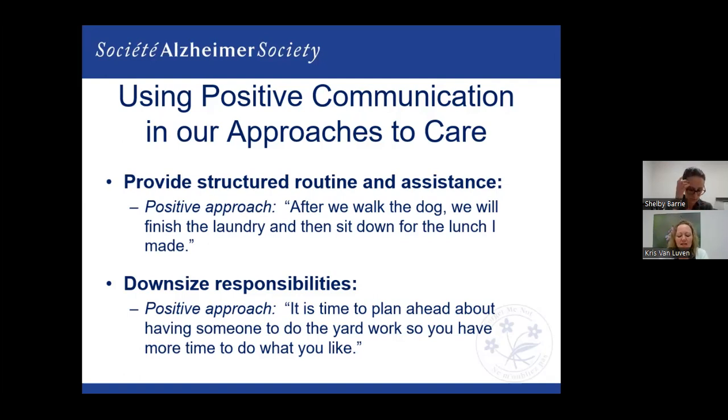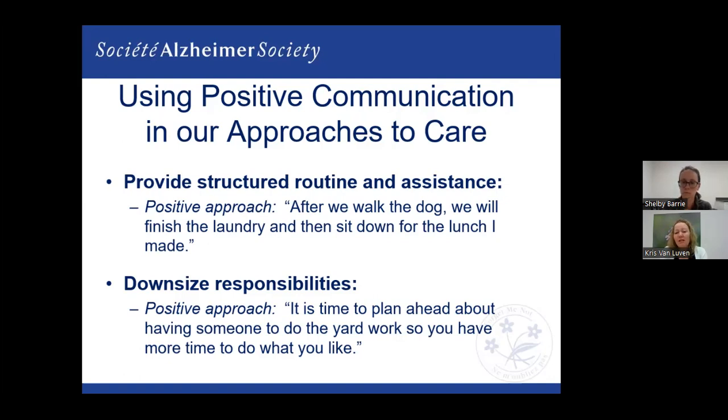Next, we have downsizing responsibilities. Sometimes we can expect too much from the person living with dementia. So we want to be honest with ourselves about what household activities, what responsibilities the person is still able to manage, and maybe to offer to assist or take over the tasks that have become too challenging.